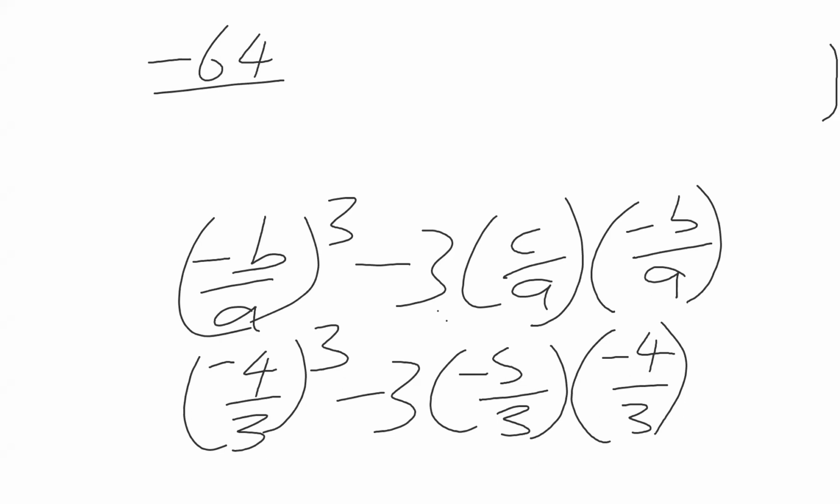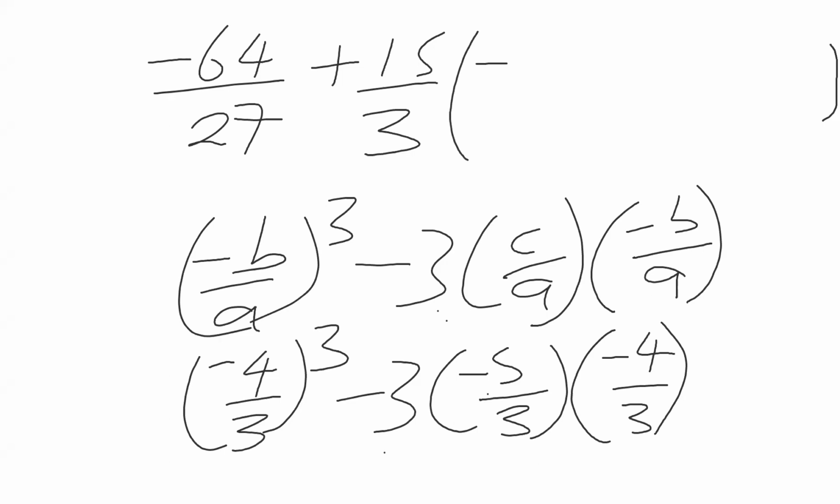Yes, negative 64 over 27, as 3 cubed is 27, plus the 15 over 3, since negative 3 times negative 5 is positive 15 over 3, times the negative 4 over 3.